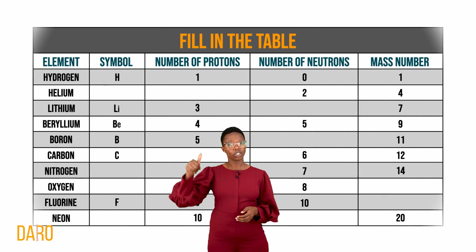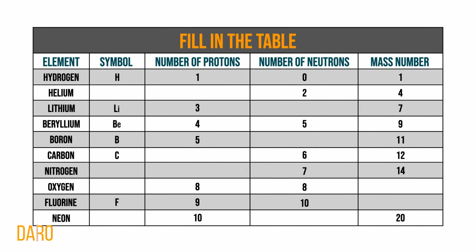Let's get into this activity together. Do you see this table behind me? Let's try filling in part of this table together. We'll do a couple and then you try the rest on your own. Let's look at hydrogen. The number of protons is 1 and the number of neutrons is 0. Therefore, the mass number is equal to 1.